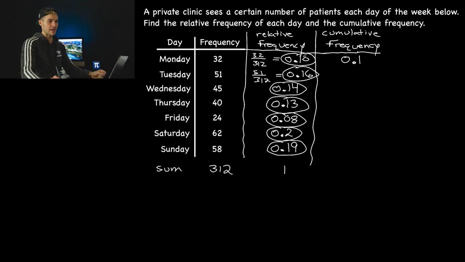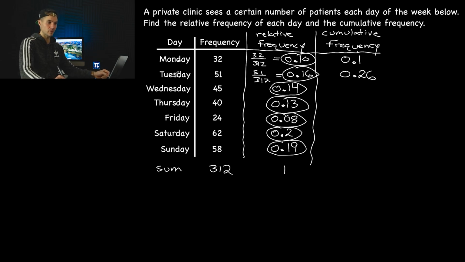So up to Monday, we only have this 0.1. However, on Tuesday, we have this 0.16, but we also have the 0.1 that happened on Monday, so this would be 0.26.